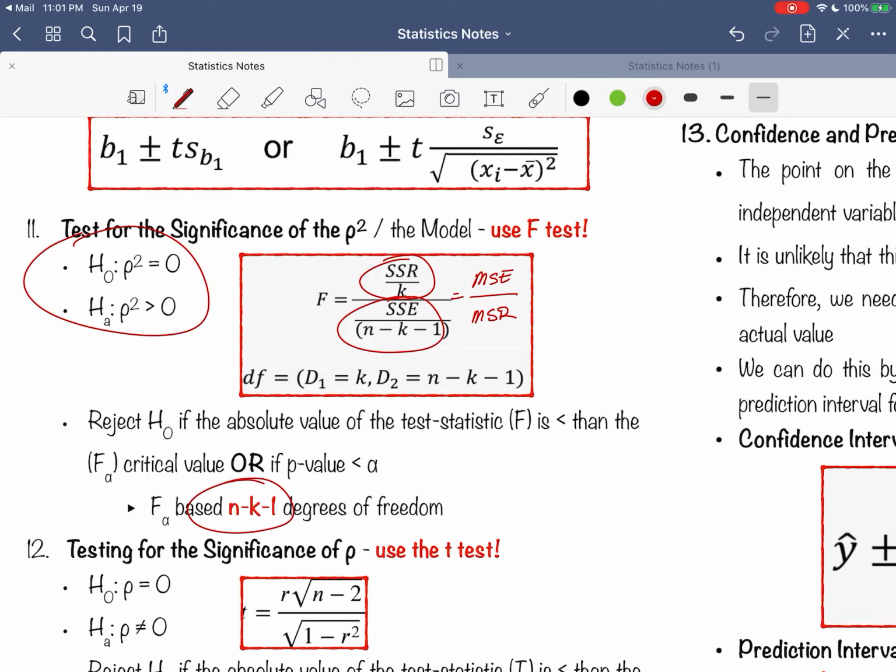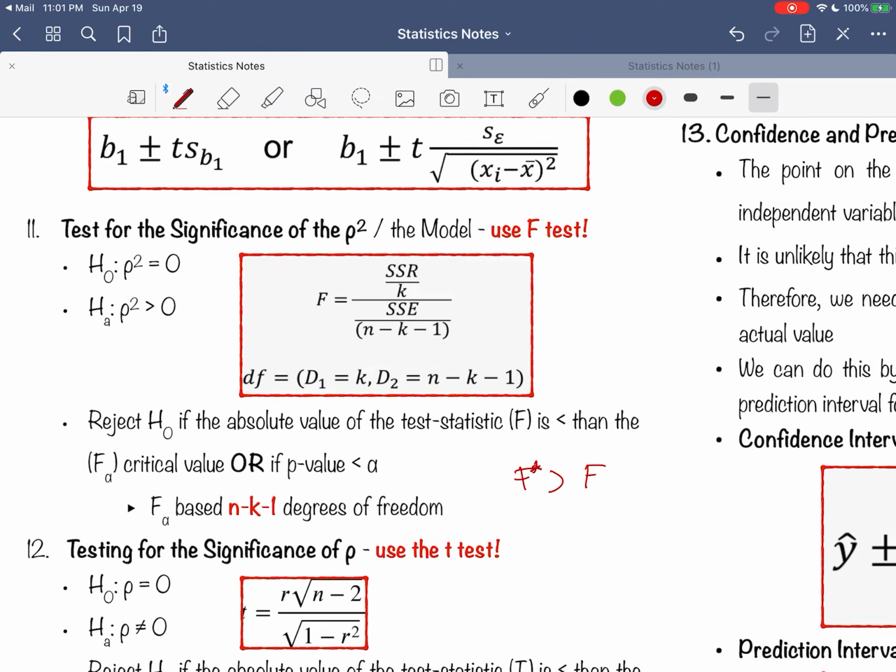We're going to see a problem and look at how this critical value is chosen. We choose it from the F table, a distribution that's a little bit different than what we've seen before. If your F observed, or your F star, is greater than your F critical, therefore you reject H0 and you conclude that the model is significant.